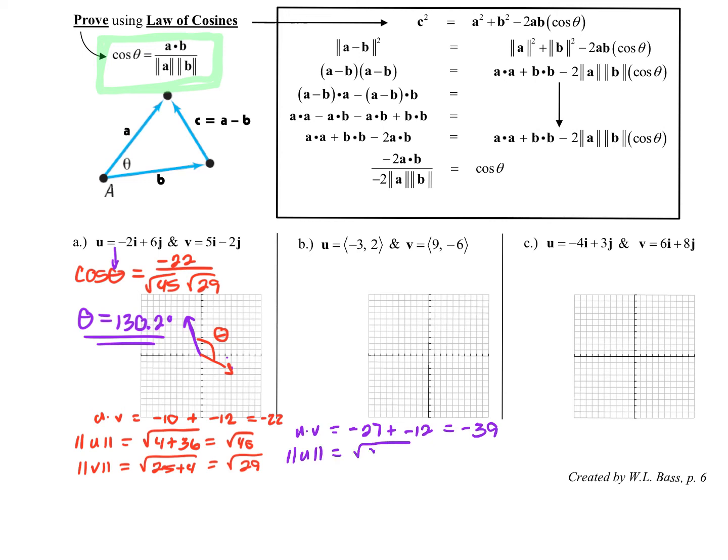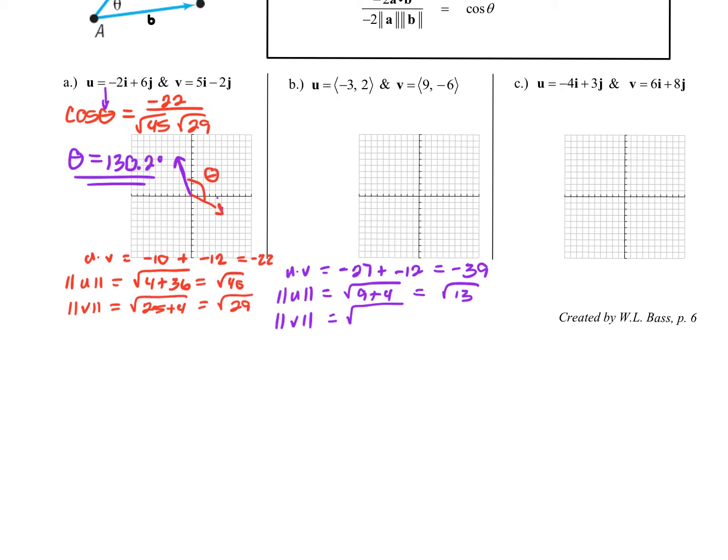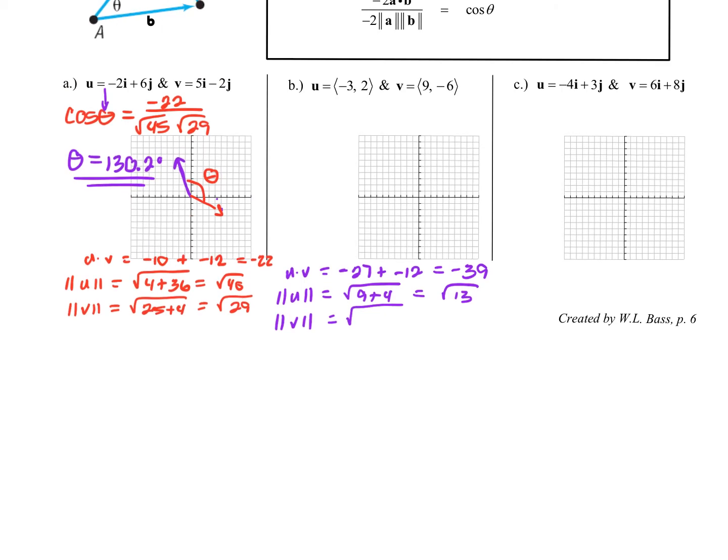That's going to be 9 plus 4, or the square root of 13. We're going to find the magnitude of v. Our magnitude of v is going to be 81 plus 36, which gives us the square root of 117.